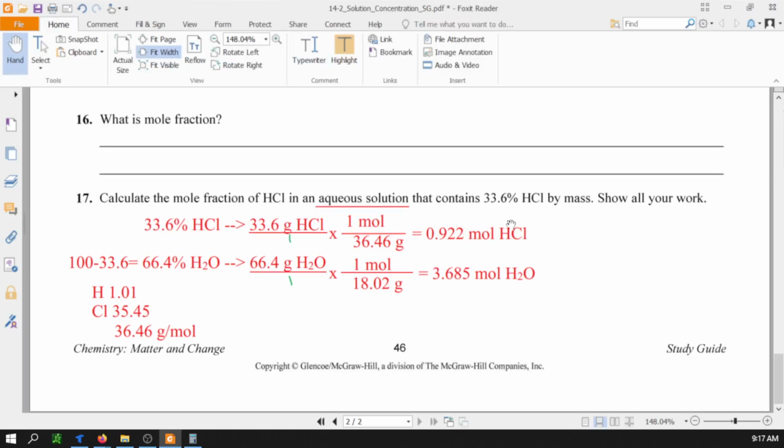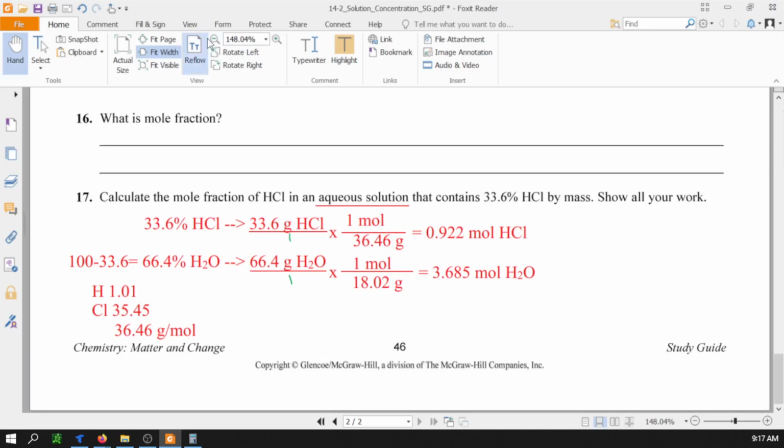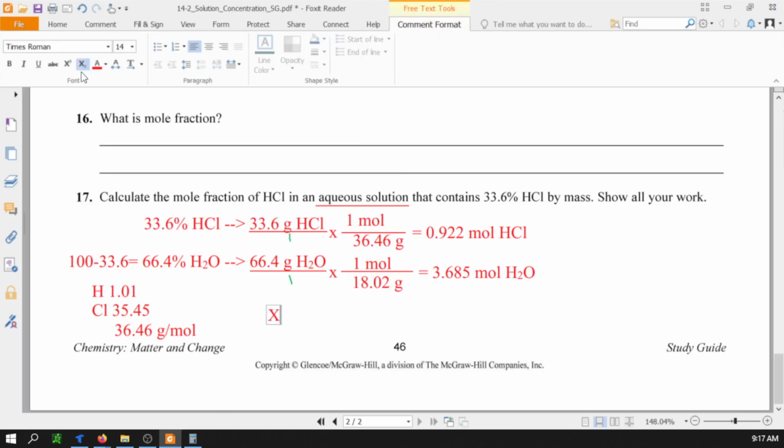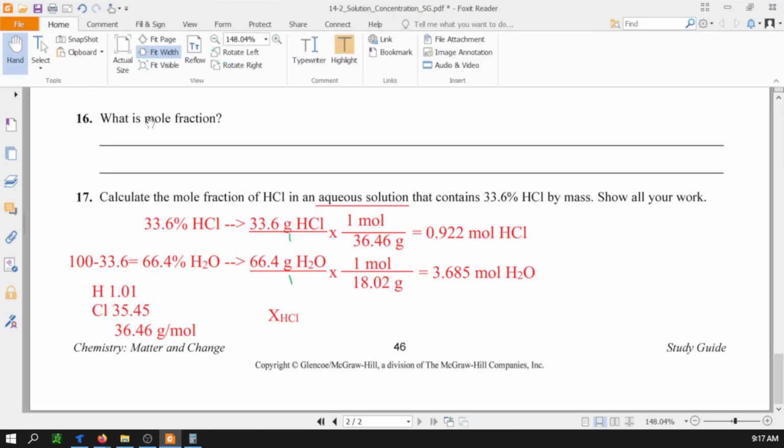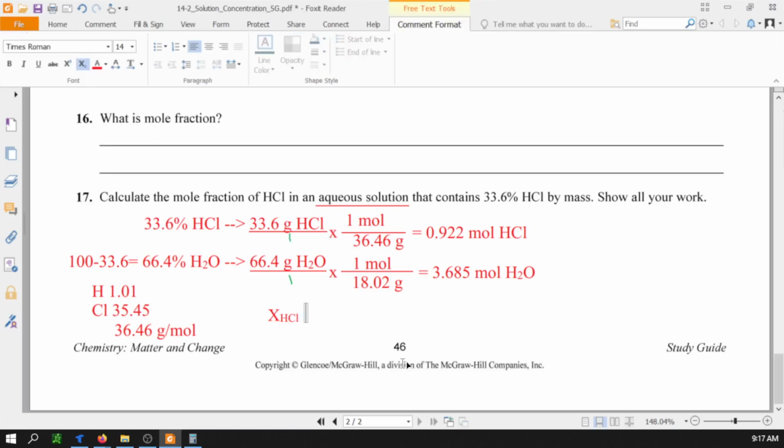So now that we have moles, we can now get mole fraction. The mole fraction, so the x sub HCl, is going to be the moles of HCl divided by the moles of HCl plus the moles of water.